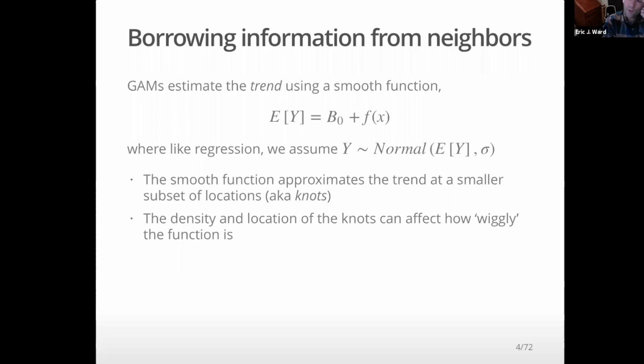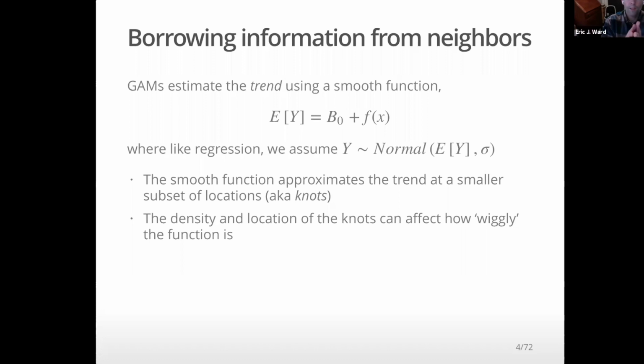But the interesting thing about a GAM, and what sets it apart from the random walks and state space models we've worked with, is really the smooth function. The smooth function takes a number of different arguments and can be specified in different ways, but essentially it's a piecewise function over the domain of data that we're trying to smooth over, whether that smooth is over time or over some covariate of interest.